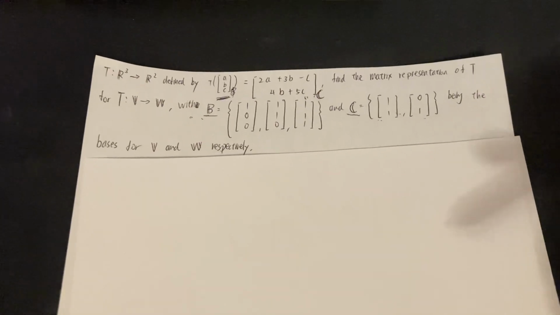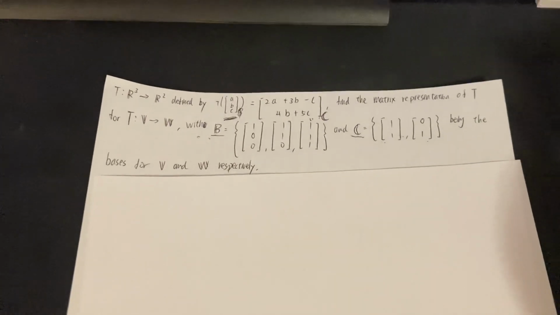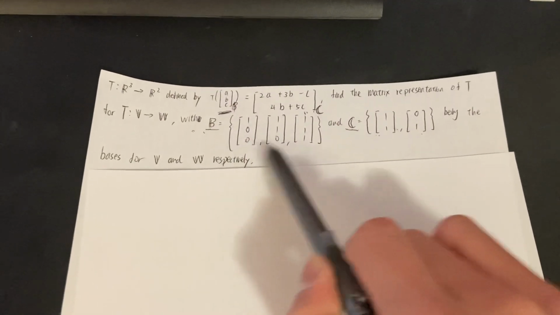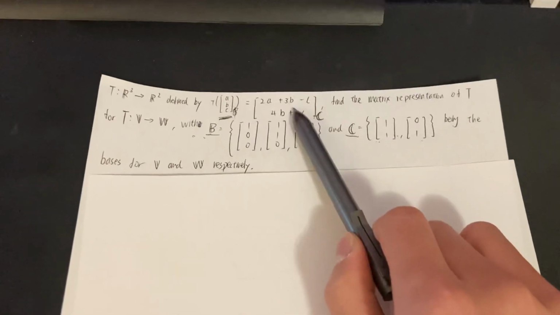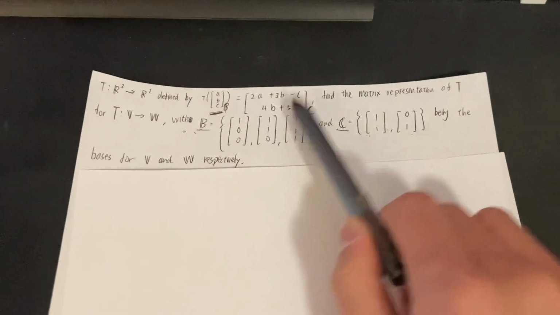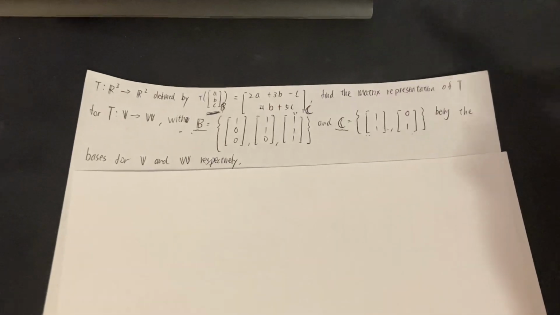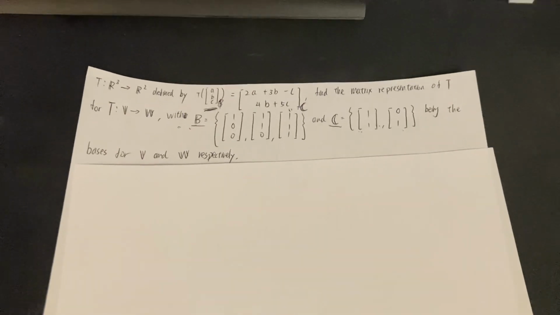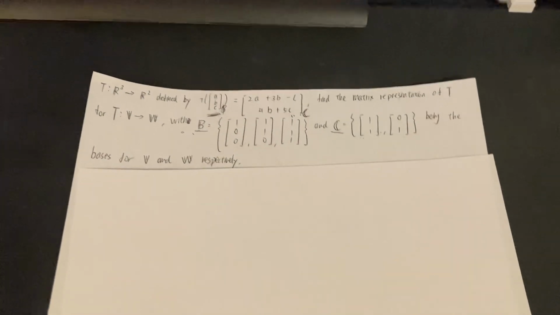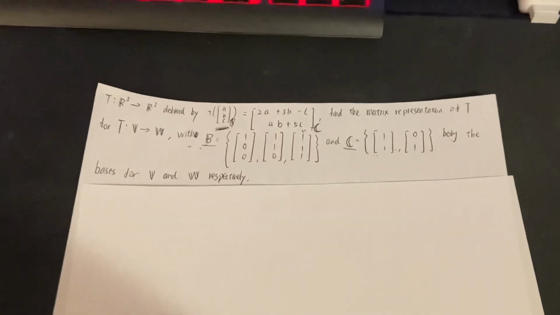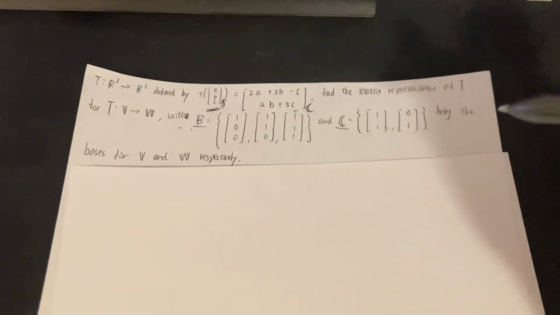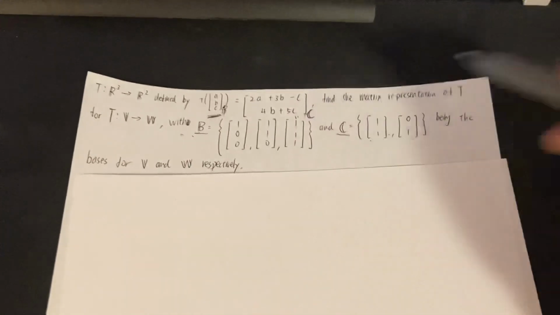Here's the question. It transforms a vector with respect to the basis B into a vector with respect to the basis C. This is a weird thing because they are not the same basis.